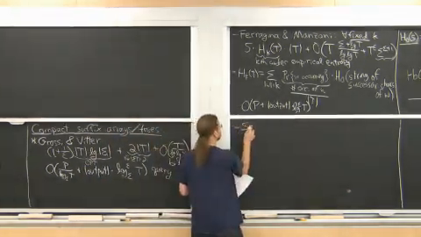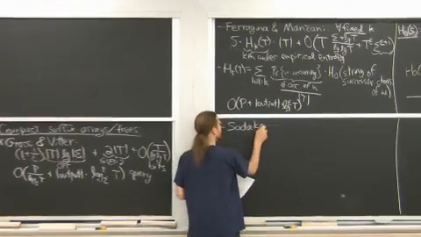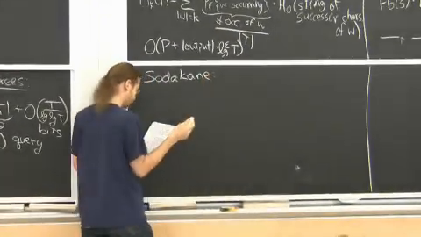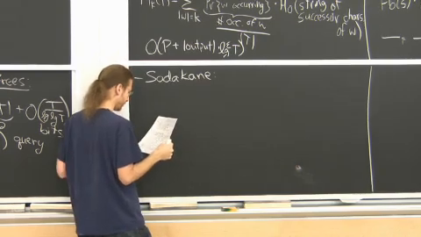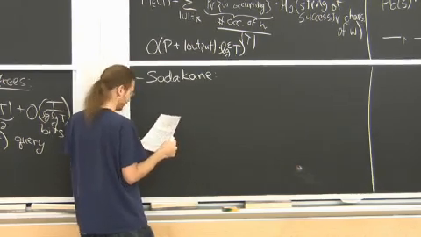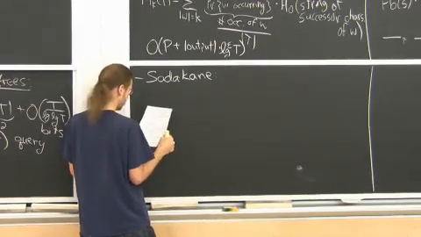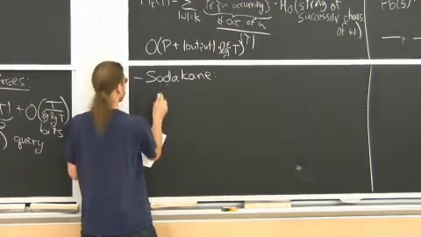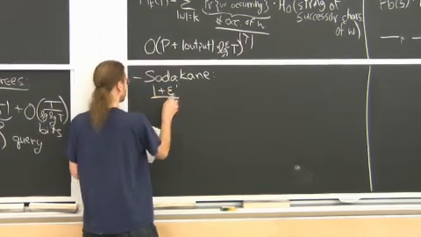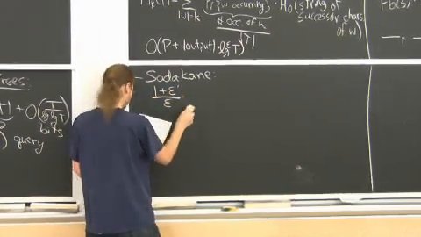Another early result is by Sadakane, I think also maybe 2001. I have the journal reference as 2003. In some ways it's better, in some ways worse. It's kind of incomparable to the other results.